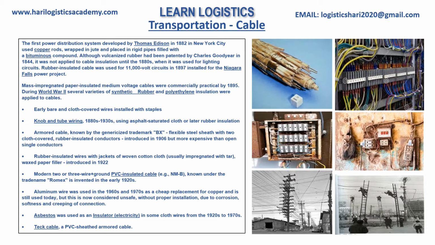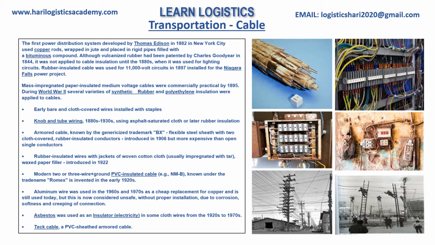Armor cable, known by the genericized trademark BX, has a flexible steel sheath with two cloth covered rubber insulated conductors. It was introduced in 1906 but was more expensive than open single conductors.